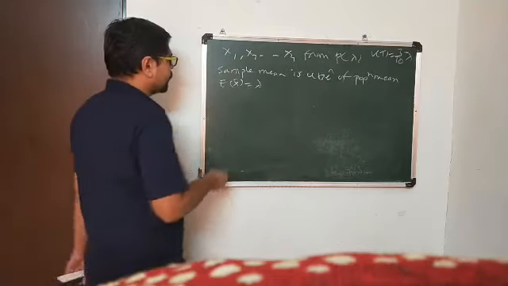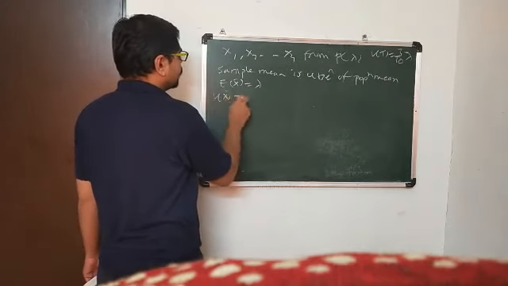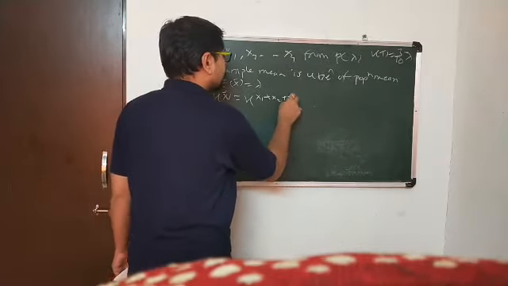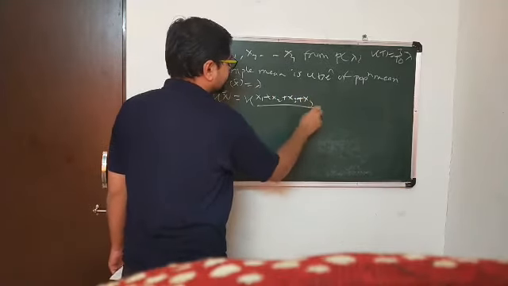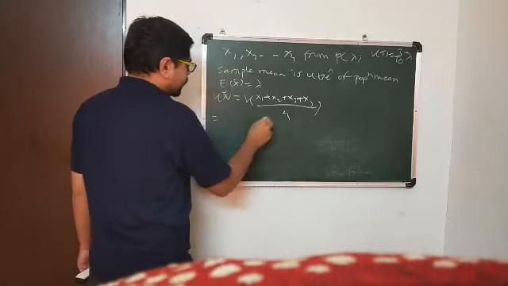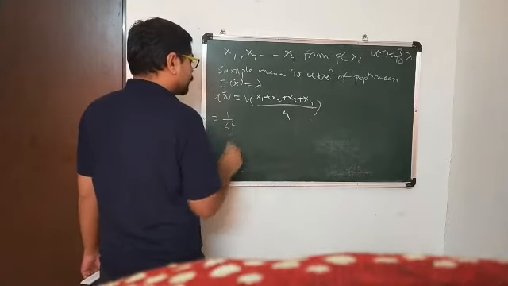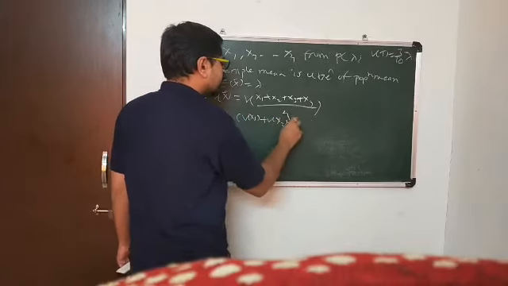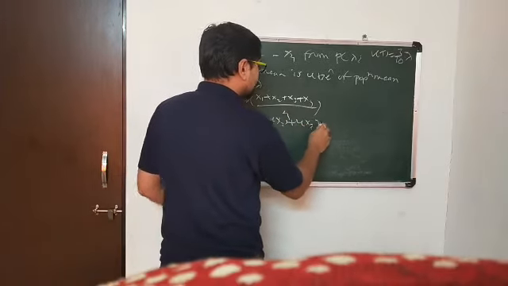So variance of X bar is equal to variance of (X1 + X2 + X3 + X4) divided by 4, and 1 upon 4 comes out as 1 upon 4 square. Variance of X1 plus variance of X2 plus variance of X3 plus variance of X4.